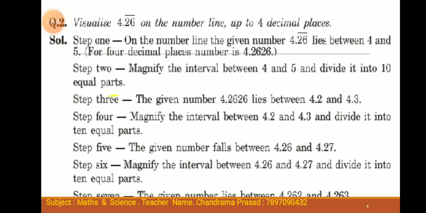Step 2. Magnify the interval between 4 and 5 and divide it into 10 equal parts. Step 3. The given number 4.2626 lies between 4.2 and 4.3. Step 4. Magnify the interval between 4.2 and 4.3 and divide it into 10 equal parts.